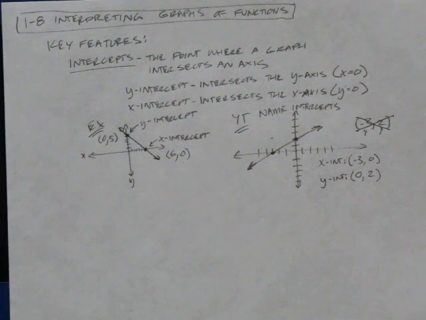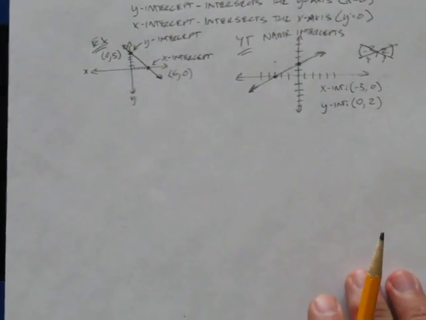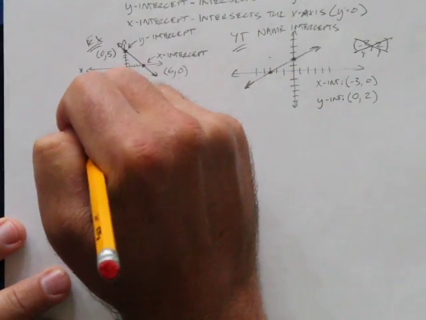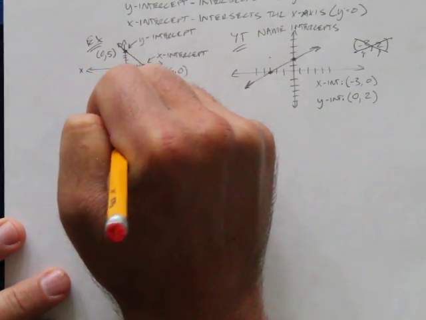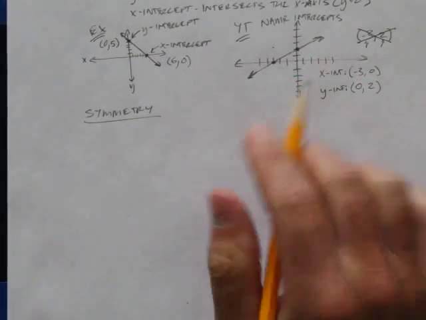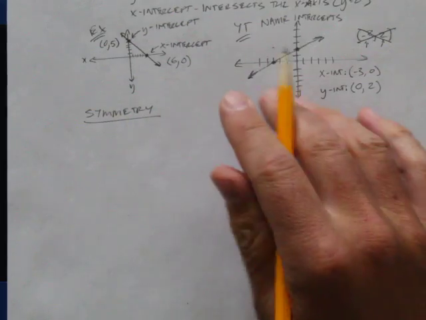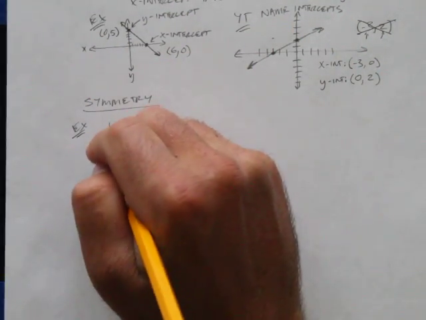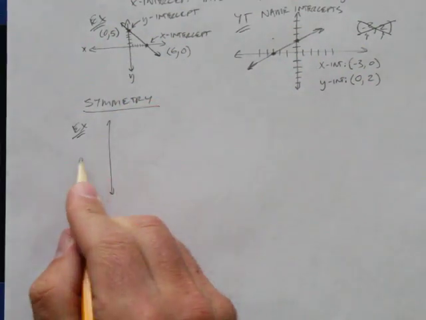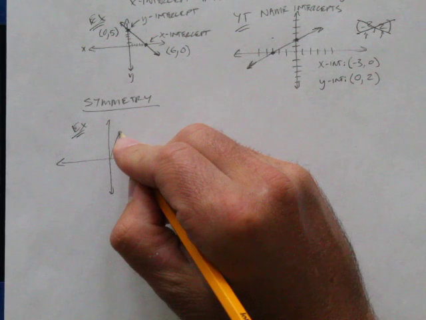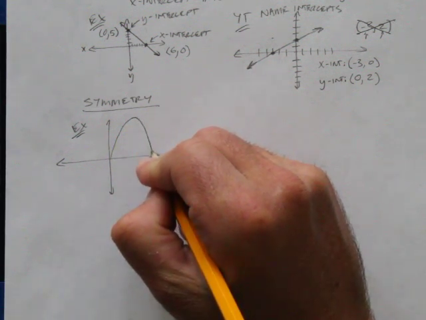All right, let's talk about symmetry. We talked about intercepts, now we talk about symmetry. We're just going to look at two examples of symmetry. We're going to draw a coordinate plane, and we're going to draw kind of an upside down U shape like that.